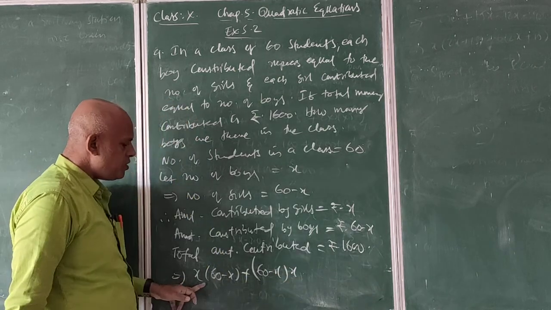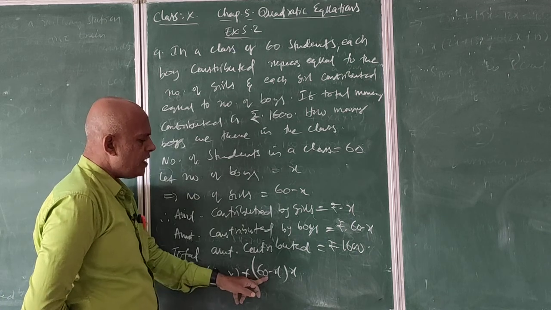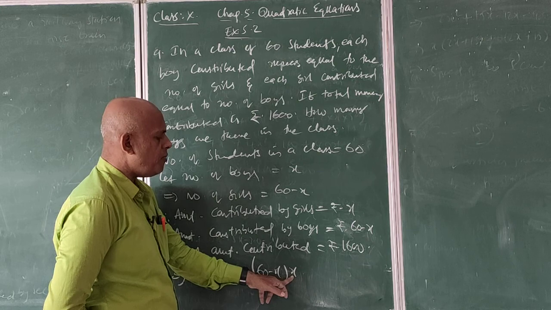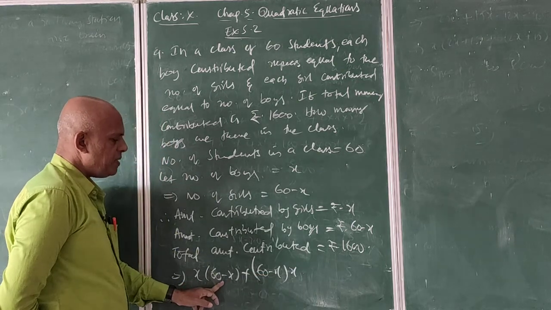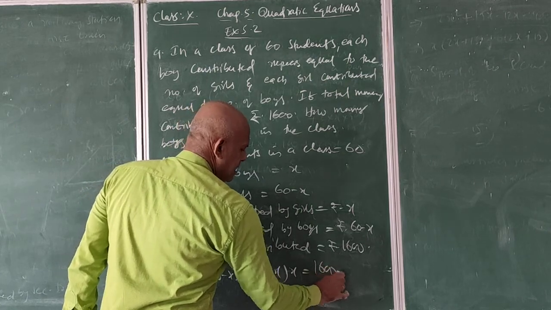So number of boys into the amount contributed by the boys, which is 60 minus x; number of girls, 60 minus x, into the amount contributed by the girls, which is the number of boys, x. So x into 60 minus x plus 60 minus x into x is equal to 1600.